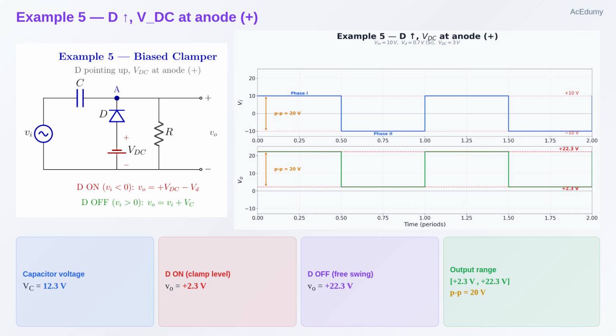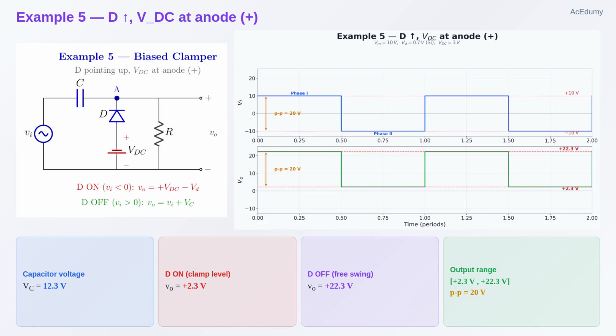The capacitor charges to V sub M plus V sub DC minus V sub D, 10 plus 3 minus 0.7 equals 12.3 volts. During the positive half cycle, the diode turns off.